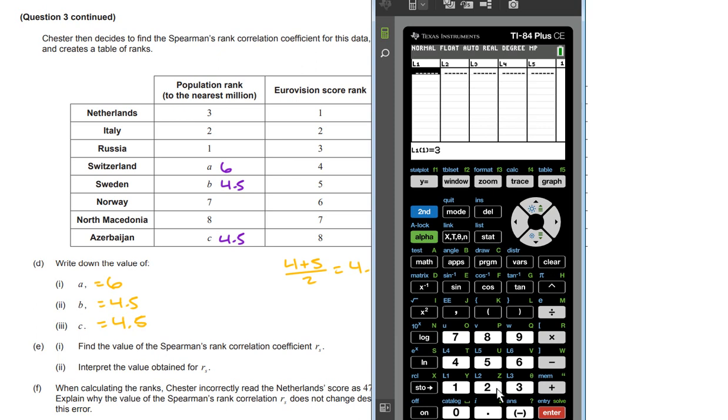So 3, enter, 2, 1, 6, 4.5, 7, 8, and 4.5. Right? And that is the first 8 because the next one would be 9. And then this one simply is 1 through 8, right?